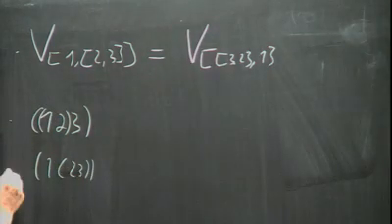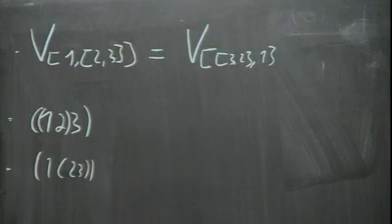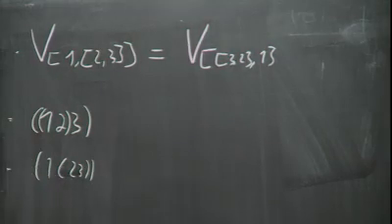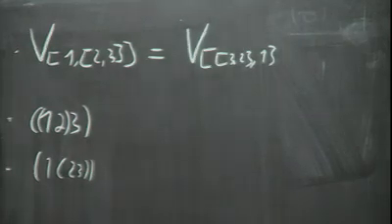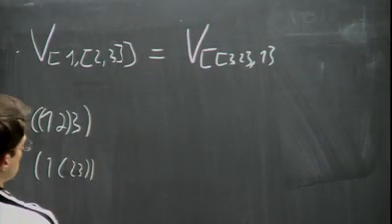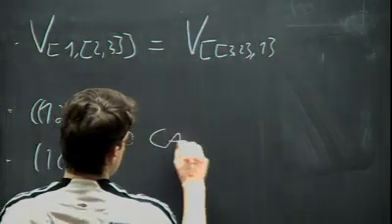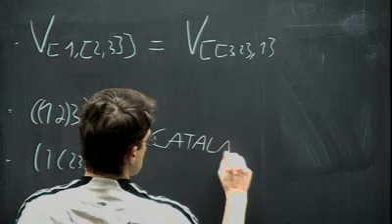And mathematicians have played with this kind of thing, and they enumerated them. So the number of ways to insert brackets around n labels, well, they counted it, and it's given by the Catalan numbers.